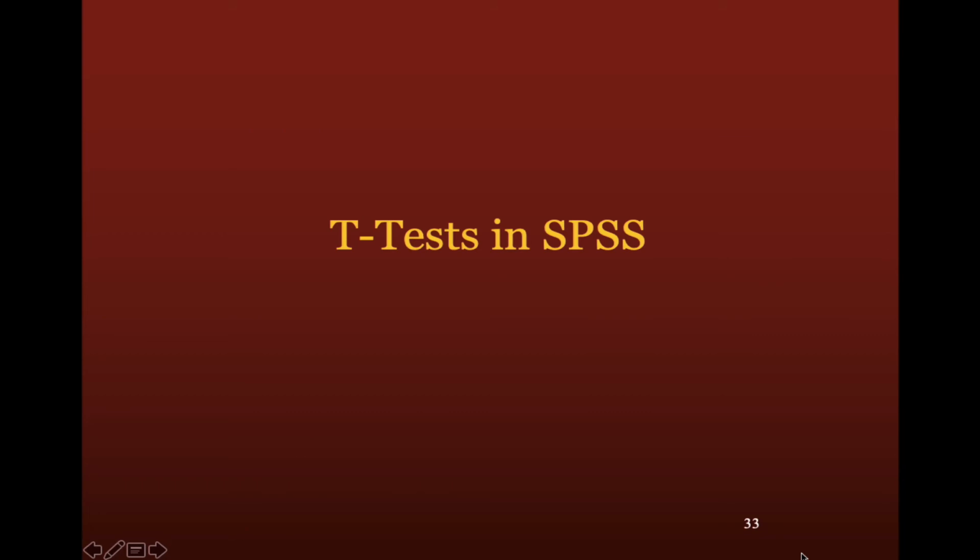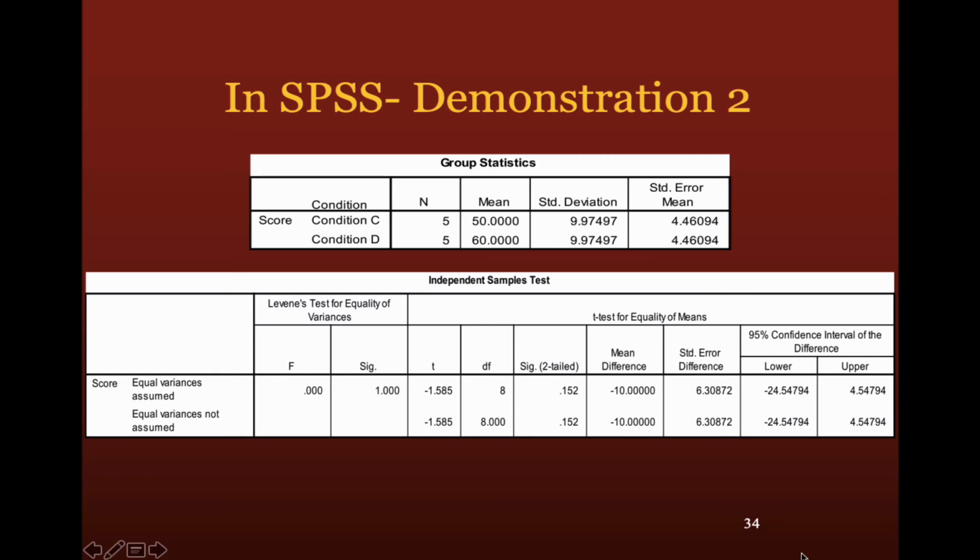All right, so let's talk about t-tests and how to make sense of a t-test in SPSS. What you'll have to do at some point is you'll be given some output, and you're going to have to be able to interpret that output in SPSS. So if you run a t-test in SPSS, it'll give you these two pieces of information.